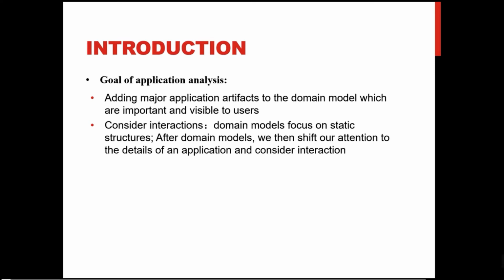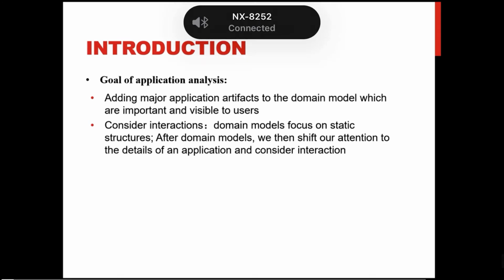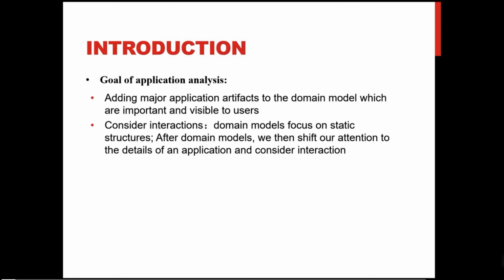It means that the analyze stage consists of two steps, and in the last step, it mainly focused on the static structure of objects and their static relationships, and also there are some state models, but the state model only focuses on the state changes within the object.